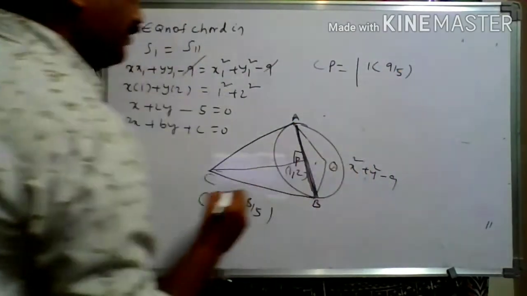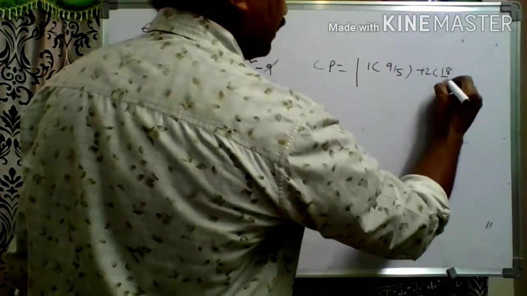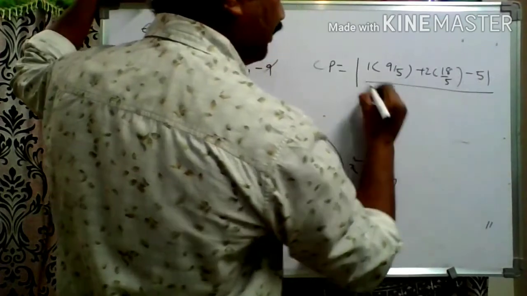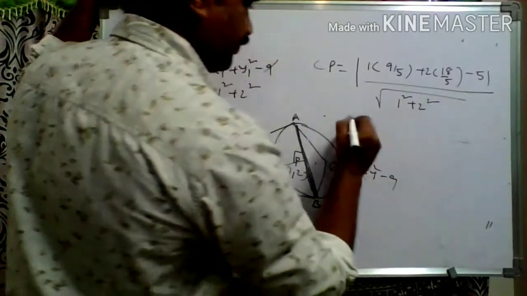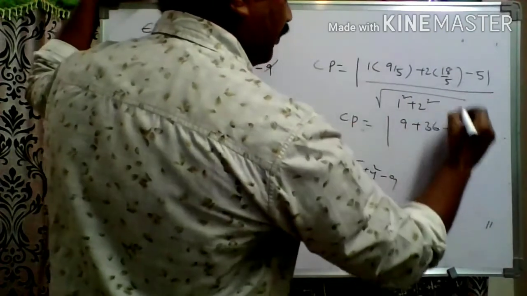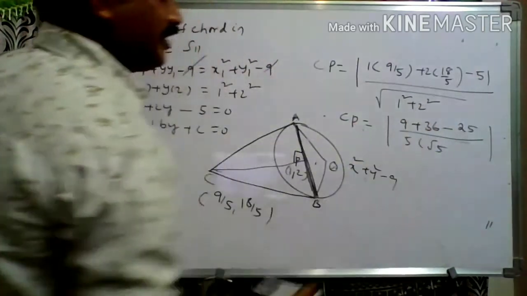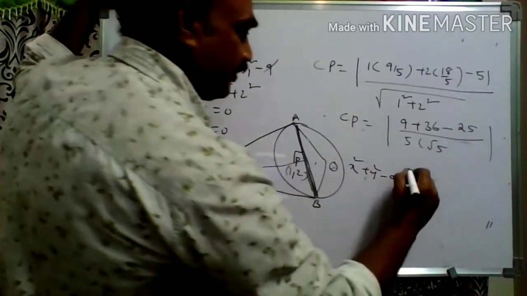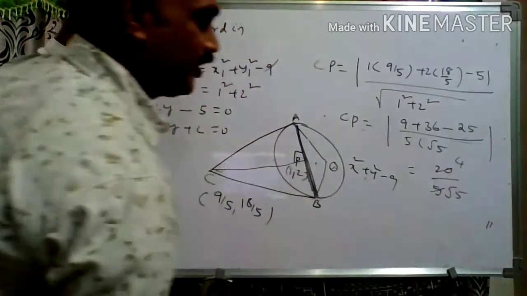What is b? 2, into y1 which is 18 by 5. And c is minus 5, by root of 1 square plus 2 square. So CP is, with LCM 5, 9 plus 36 minus 25 by 5 into root 5. 36 plus 9 is 45, 45 minus 25 is 20. 20 by 5 into root 5, 5 fours are 20, so 4 by root 5.